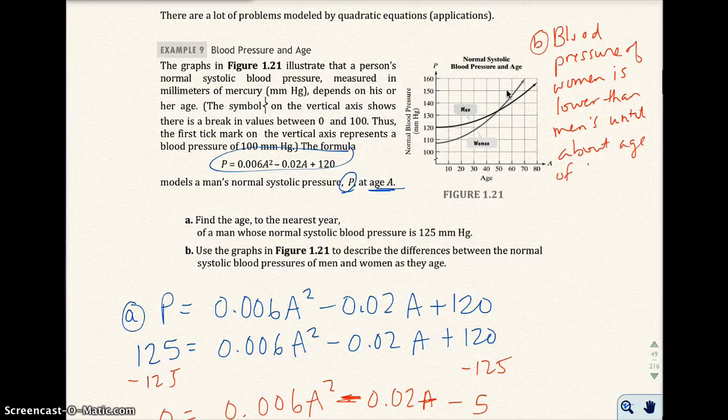It could be about 48 or so, but it looks like it's a little less than 50, so about the age of 48.